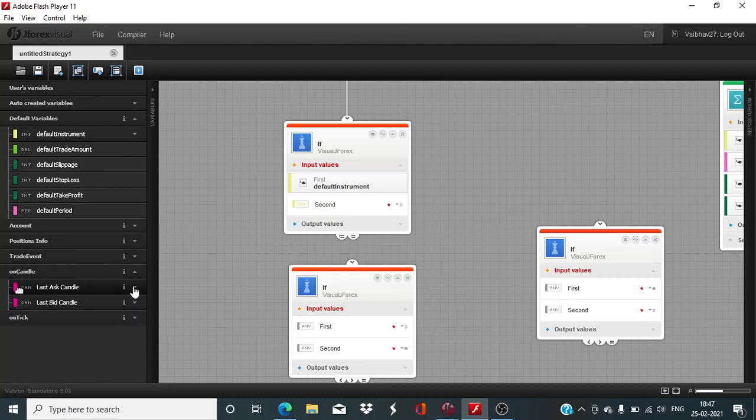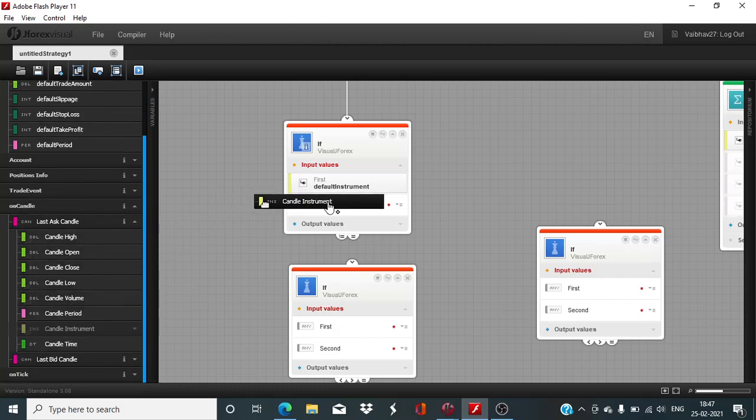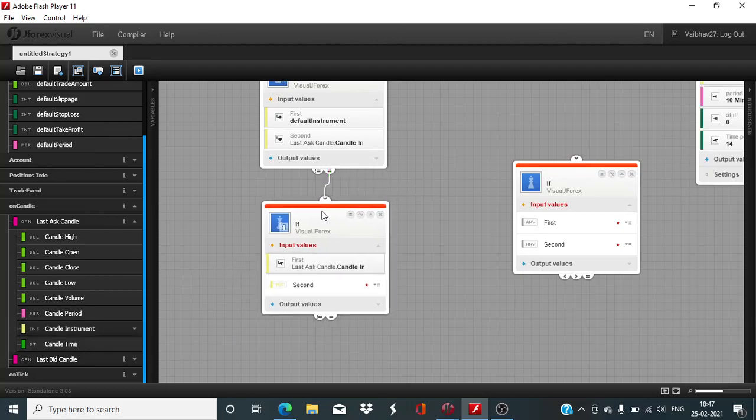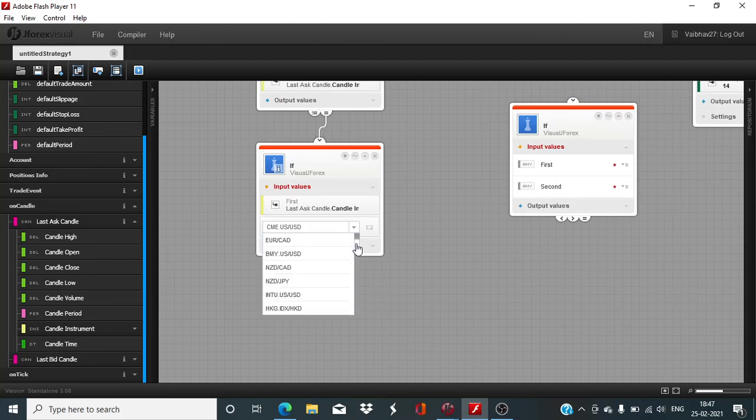On candle, here we will need to match the candle instrument. This should be equal. Okay, and then this second input also needs to match.